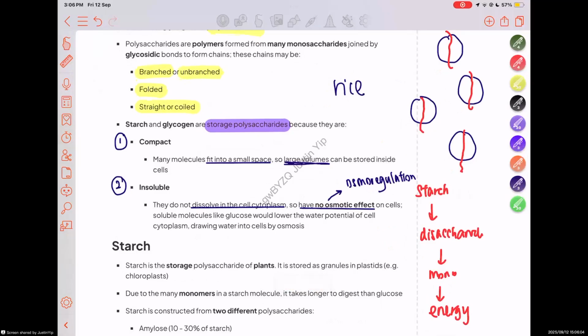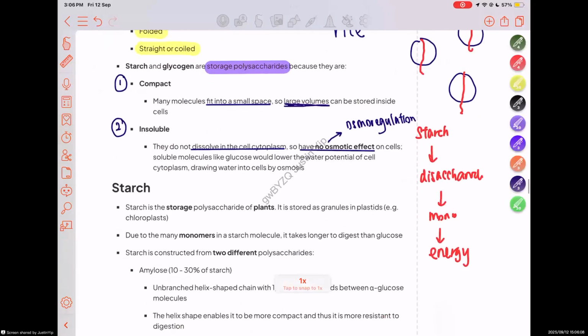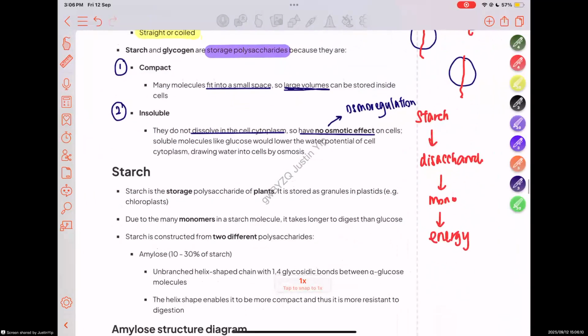Okay, and then let us look at starch. Starch acts as the storage polysaccharide of plants. Sometimes you eat corn starch, or sometimes potato starch. These are the starch inside our plants. They are stored as granules.